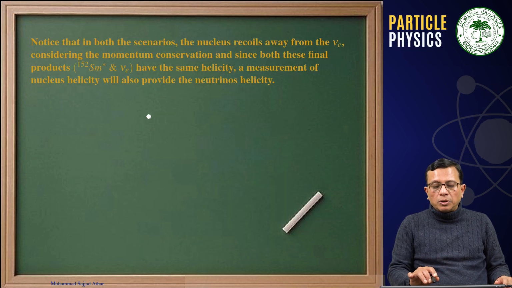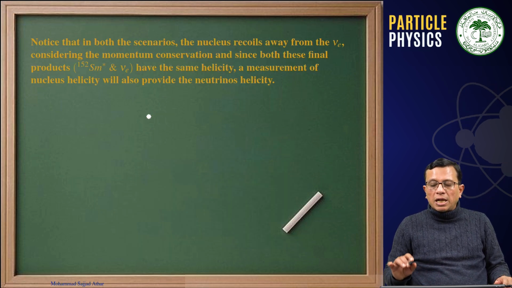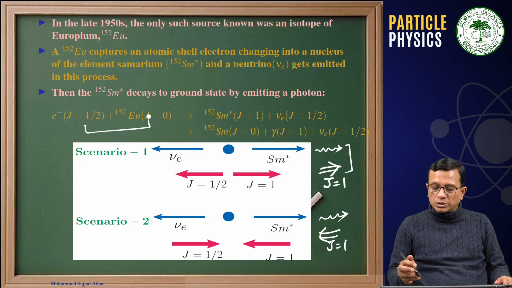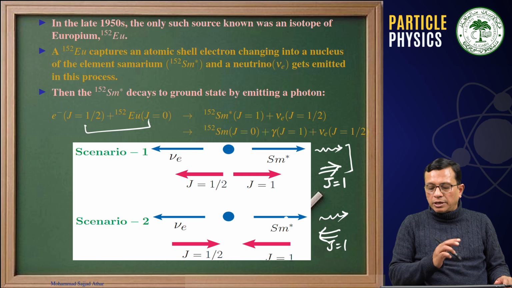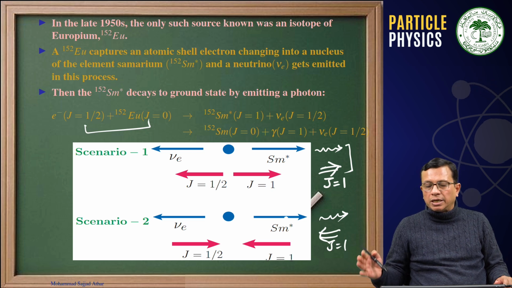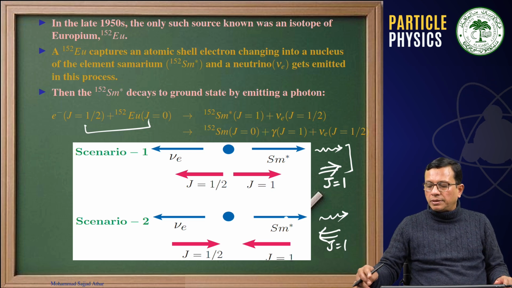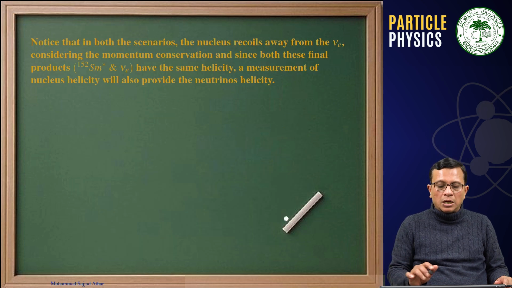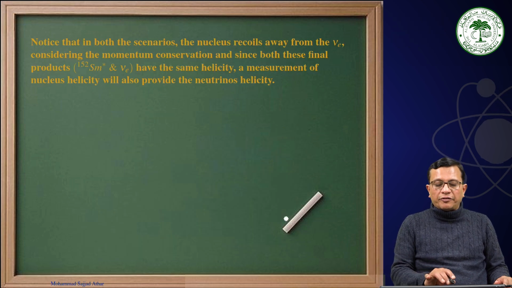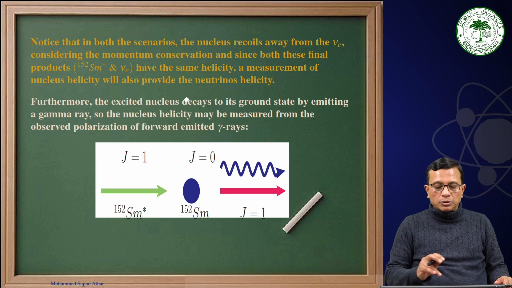Now notice that in both these scenarios, the nucleus recoils away from the neutrino. Either we are talking about here, or we took another case where the neutrino is coming in the right direction and samarium star is moving in the left direction. This gives the same scenario, and a measurement of nucleus helicity will also provide the neutrino's helicity.